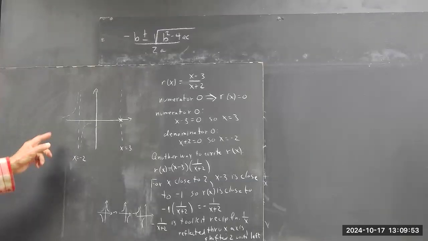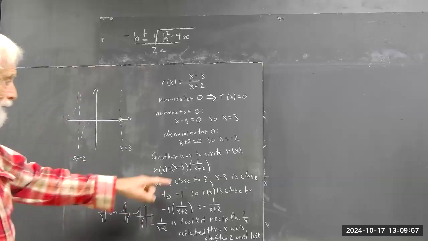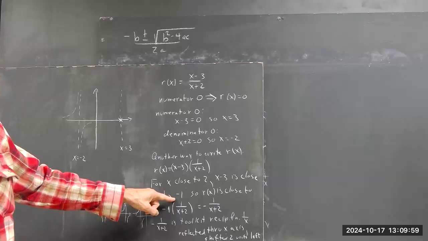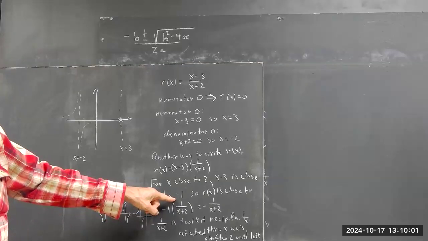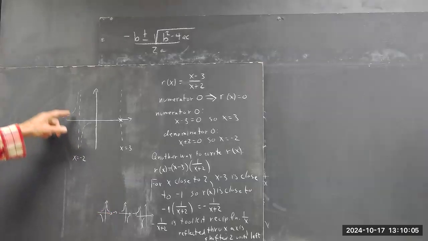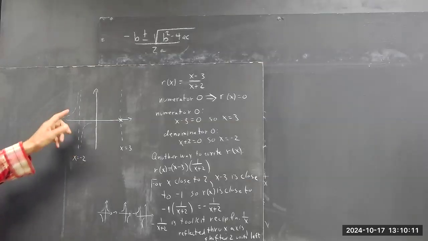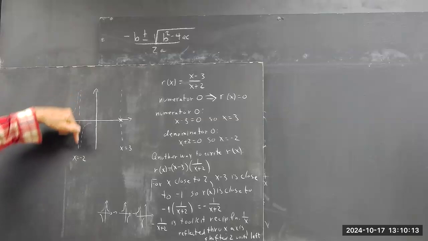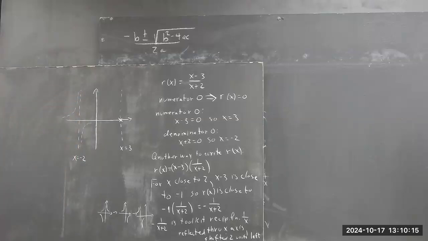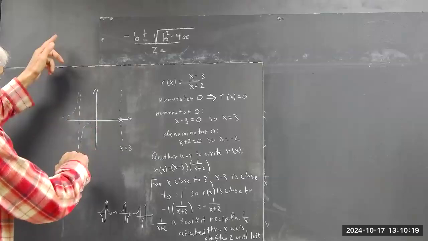Now, as you get away from x equals -2, x minus 3 is no longer close to -1, right? And that starts messing with the shape of the graph. So you're not going to have exactly this shape, but it'll be kind of like that, at least close to x equals -2. You're going to have an asymptote this way and an asymptote this way.